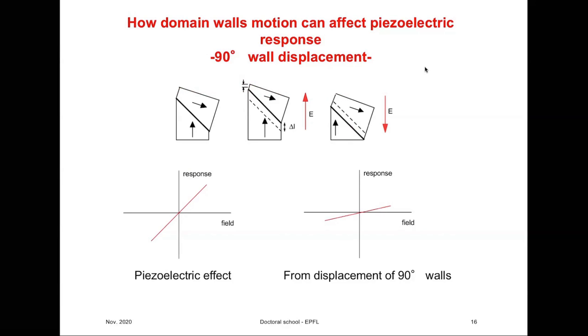I think the actual drawing is better than what I can do with the pen. So this is a normal piezoelectric response. Here, from displacement of 90-degree domain walls, we get a response which extends the crystal when the field is in one direction and which contracts the crystal when the field changes direction. That means that movement of 90-degree domain walls will actually contribute to the piezoelectric effect.